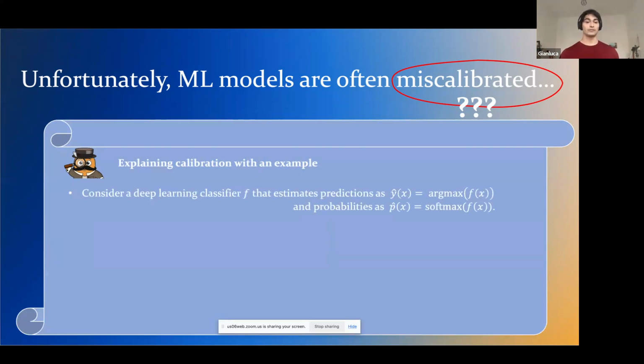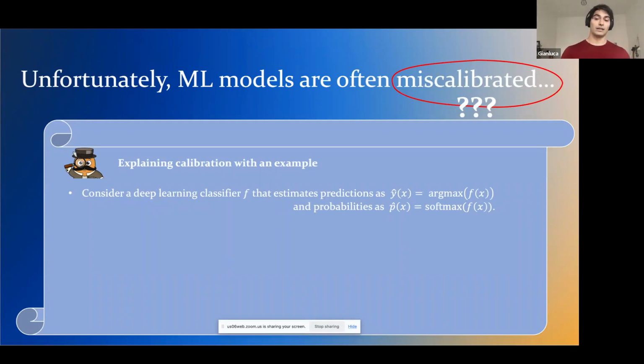Okay. Now, consider a deep learning classifier, F. This could be any deep learning model, whatever. And what is very typical to do in classification is to say, okay, I'm going to say that F is basically the logits of the model. And I'm going to make predictions by argmaxing this output F. And at the same time, the probabilities associated to the prediction are going to be defined as something like a softmax of these logits F of X. Okay?